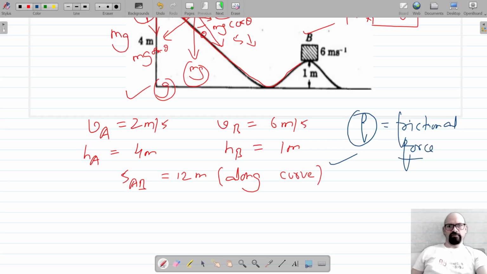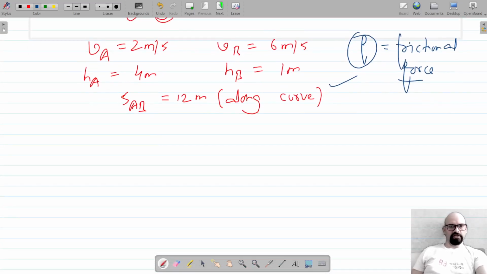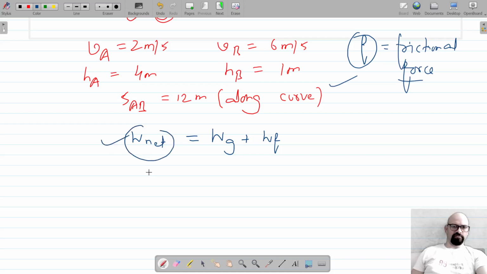Okay, now we have calculated the work done by the normal, which is zero. So let's focus on the net work done. Net work is done by the gravitational force and the force of friction. And we know that the work done is equal to the change in kinetic energy.